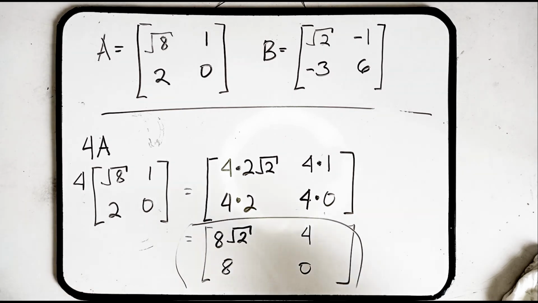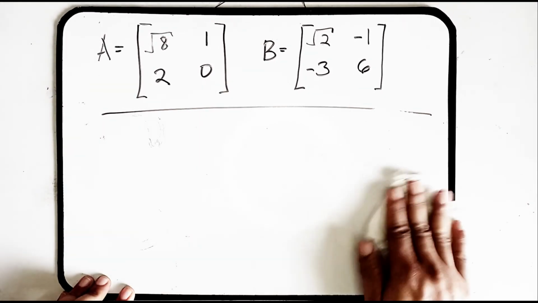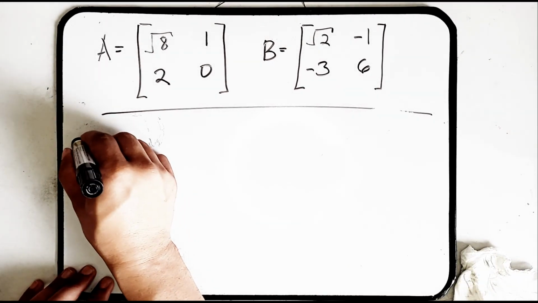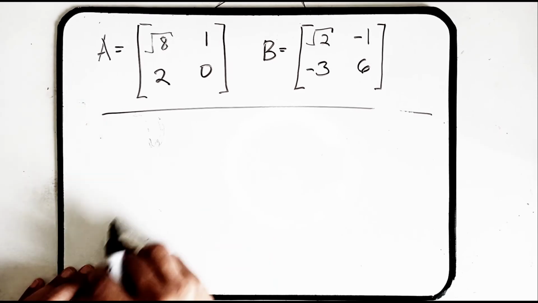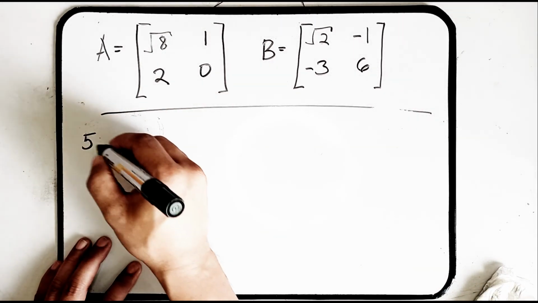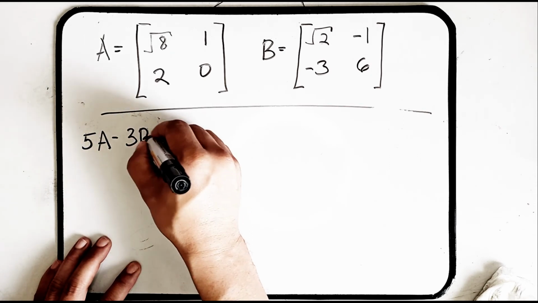Okay, then last example. Let's say we have 5a minus 3b.